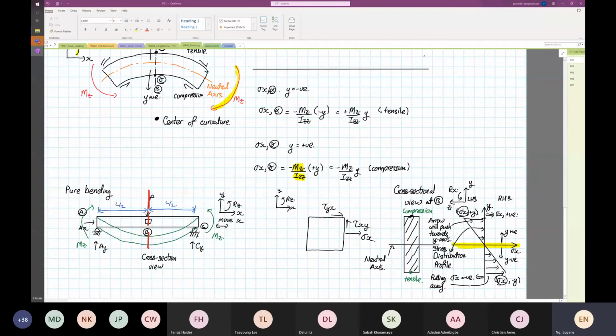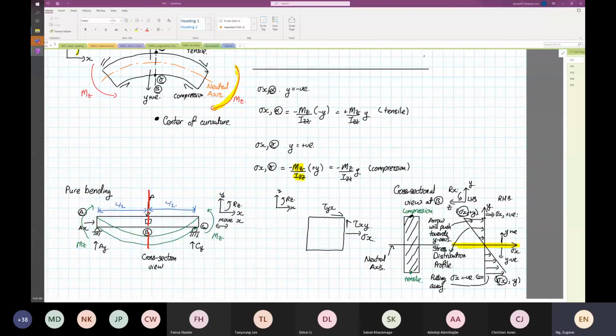Any questions so far? Are you all okay? Okay, I don't hear any questions. Also, on the right hand side, it says the stress is positive, and why it's positive. On the right hand side, only stress X is positive.